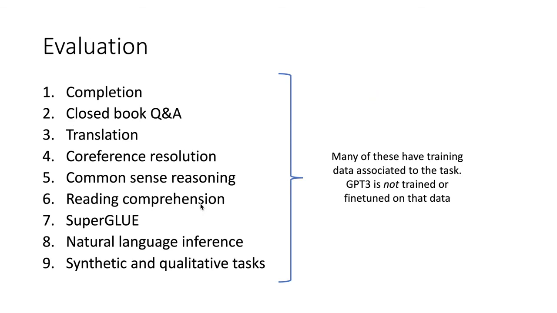And then there's natural language inference tasks. That mostly refers to entailment tasks. So you have a premise, and then you ask whether a given prompt contradicts the premise or is neutral with respect to the premise or confirms the premise or something like that. We'll see that in a second.